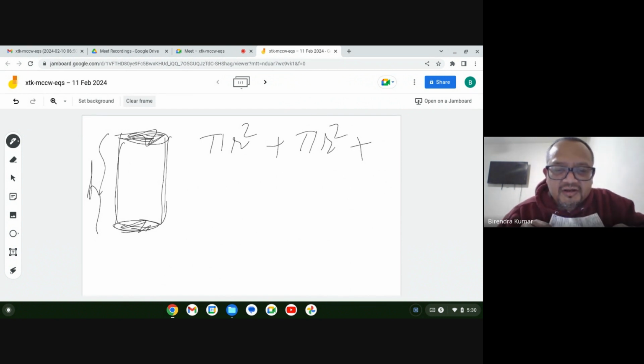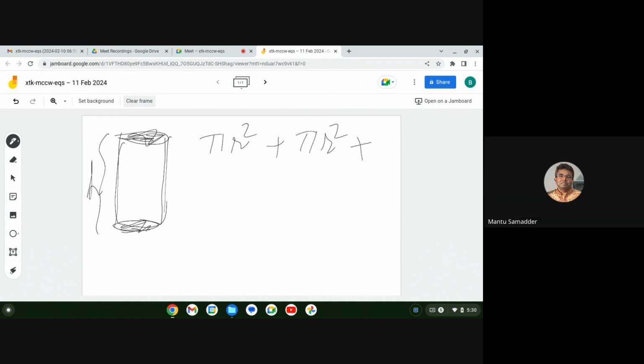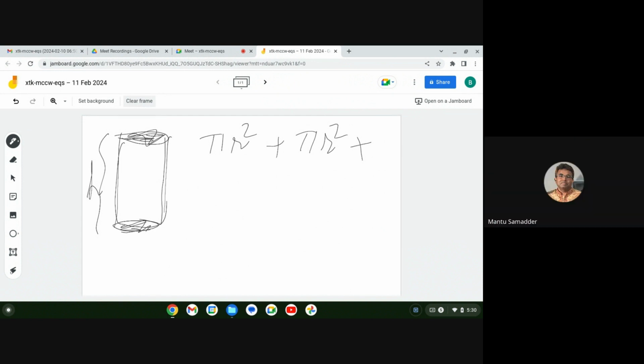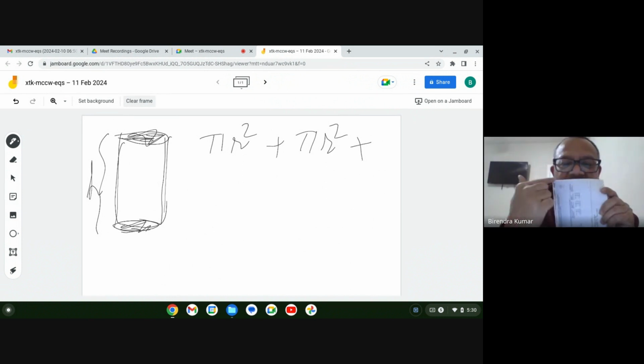I opened it. So now imagine when it was a cylinder, this was a curved surface. I opened it to make it like a rectangle. This is my total curved surface. Let's say this is the length and this is the width. What is the width?